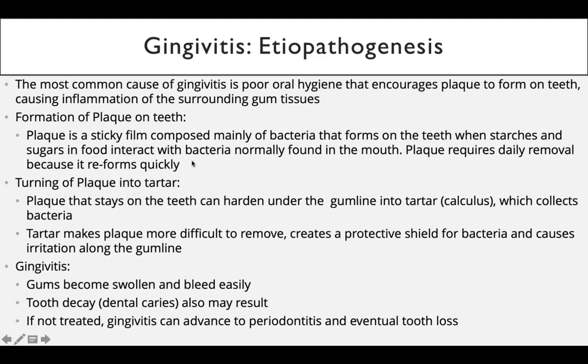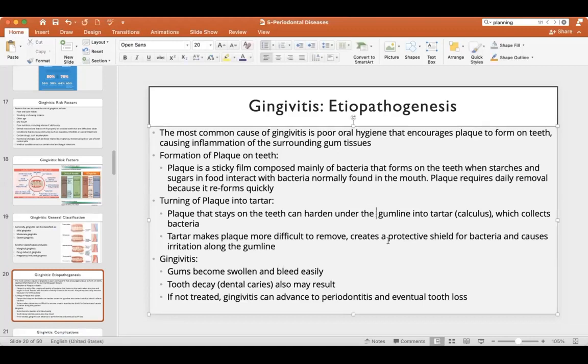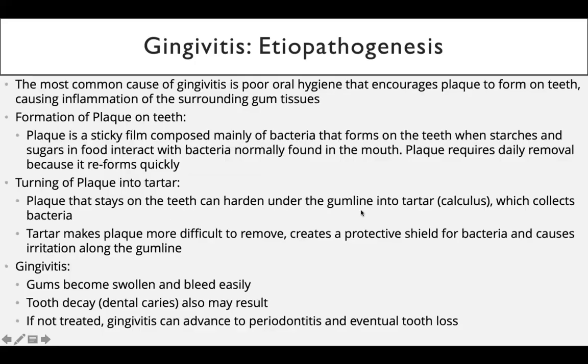Turning of plaque into tartar. So once the plaque is formed, now it has to harden and change into tartar, also known as calculus. Plaque that stays on the teeth can harden under the gum line into tartar, also known as calculus, which collects bacteria.